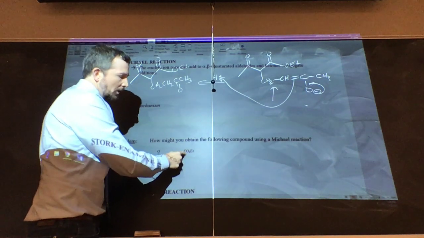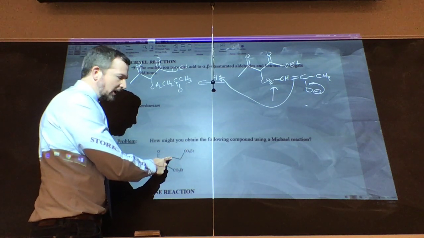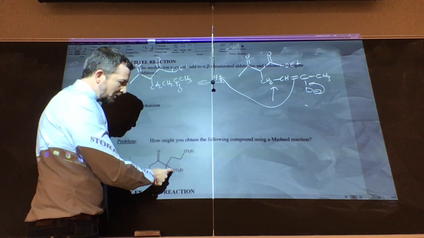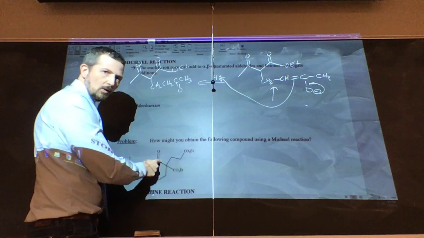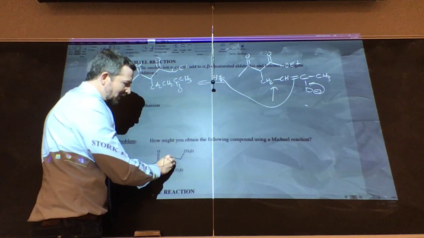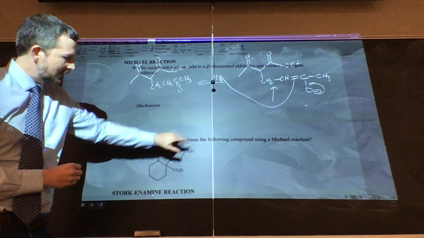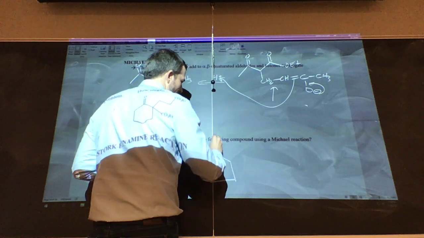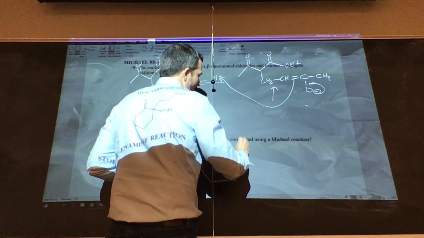Here's one carbonyl, but then it goes carbon-carbon, so that can't work for my dicarbonyl compound. But if I look at this one, here's a carbonyl, carbon, another carbonyl. So that's going to be my dicarbonyl compound. I'm going to attach something in between, so that's where I'm going to take off this compound. That'll be my starting material. And then I have this CO2Et.